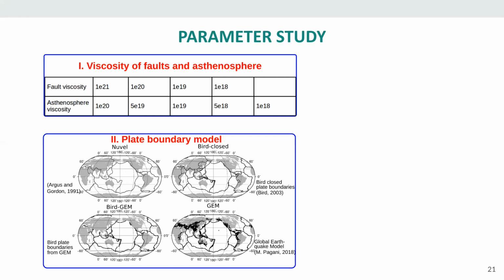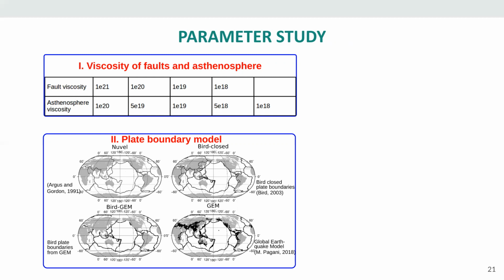To do that, we change the frictional forces along the faults. That determines how easily the plates can slide with respect to each other. And also the asthenosphere viscosity, which determines the mantle drag. If you have a lithosphere sliding over an asthenosphere, that determines how much drag force there is.